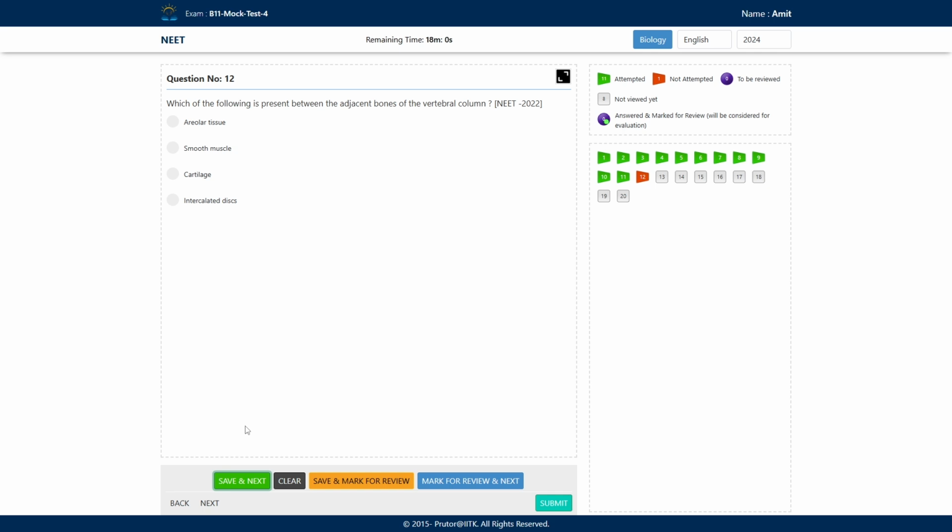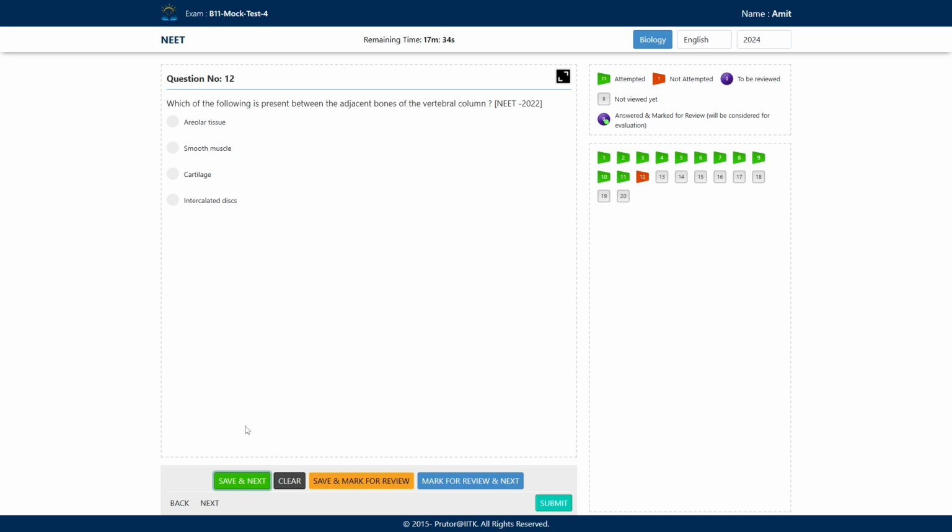So, there is a lot of movement in the vertebral column while we sit, while we sleep, while we run. And at that time, the vertebrae are rubbing each other, and this cartilage is protecting our vertebrae. Otherwise, what will happen? The bones can get damaged by the friction, right?